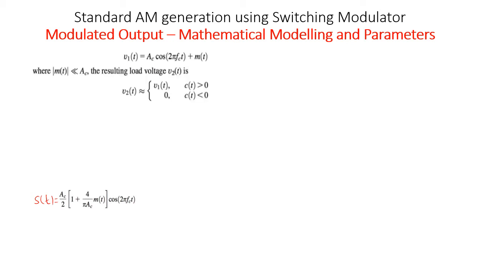So as of now what we have is we know V1 of t, right? V1 of t is Ac cos 2 pi fc t plus M of t. That is nothing but the voltage to the left of the diode, or the voltage given to the P side of the diode. And the voltage across the load resistor V2 of t, we have seen, will be equal to V1 of t when C of t is greater than 0, that is when the diode is on, and it will be equal to 0 when C of t is less than 0.